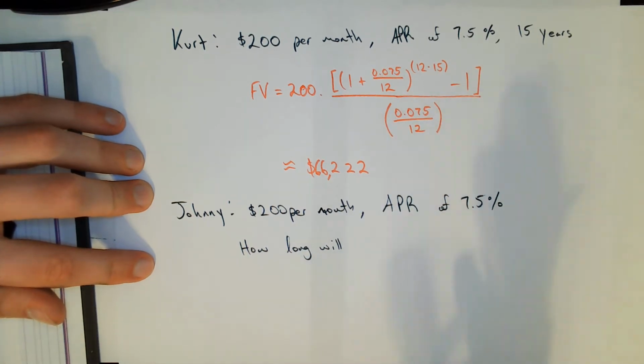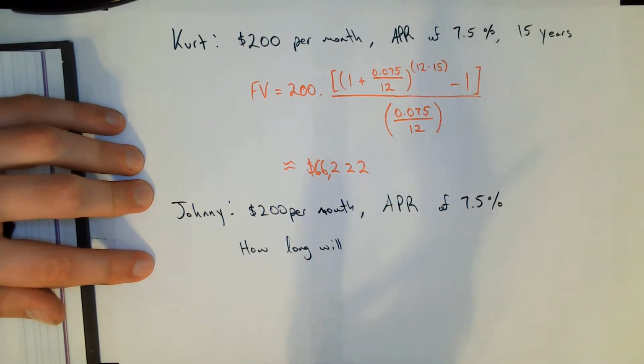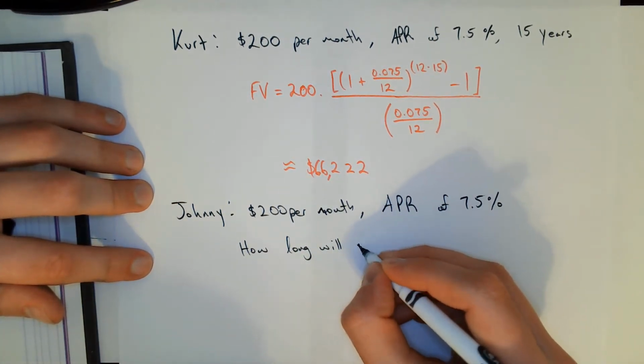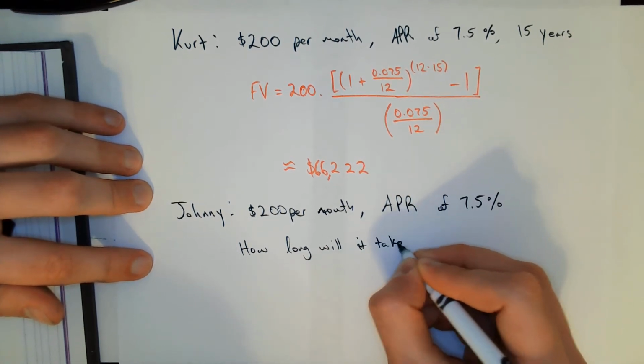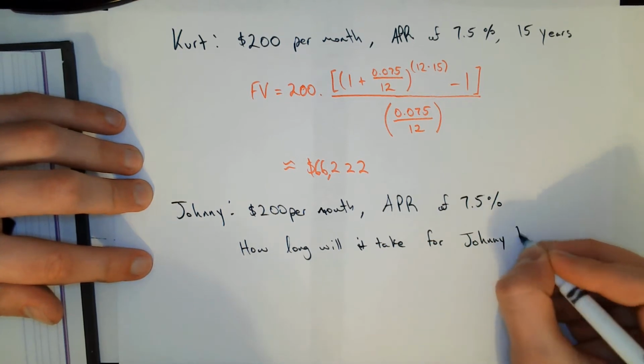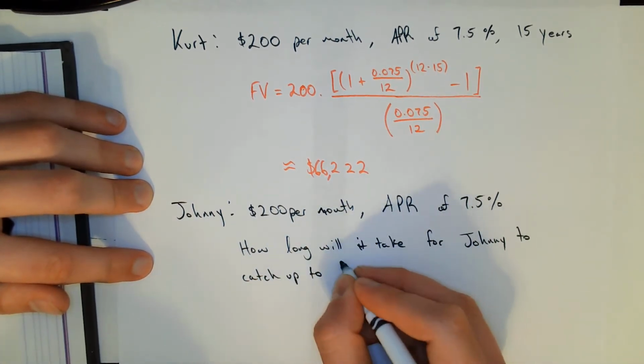So he's turned it into strictly a compound interest account. And now Johnny, on the same day, decides to start investing. And the question is, how long will it take for Johnny to catch up to Kurt?